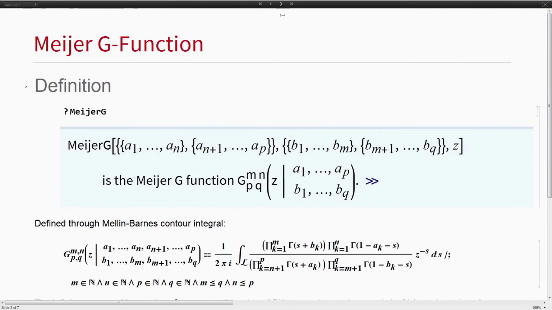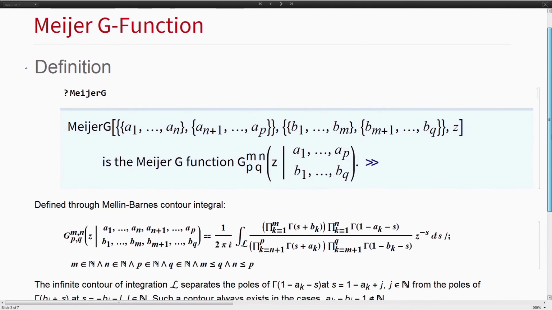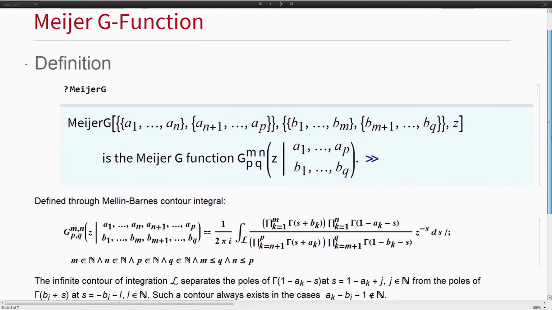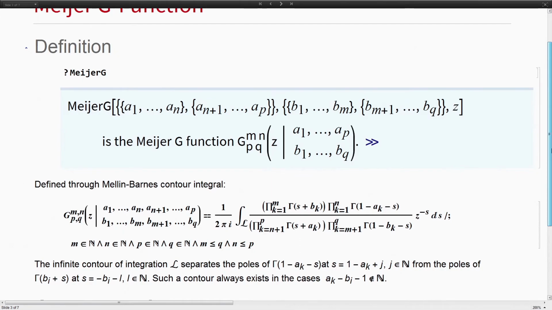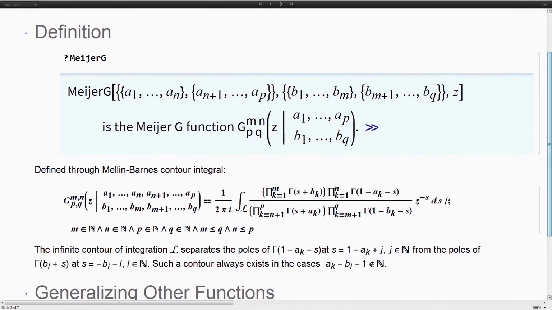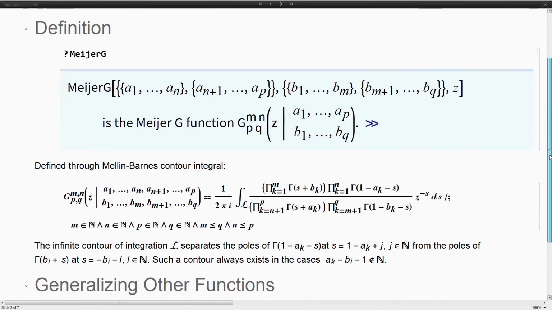For its description we need something more complicated. We need Meijer G. And you see the definition. You also see products of gamma functions, in four groups with arbitrary lengths m, n, p, q. And in particular, this function includes about 100 named functions.